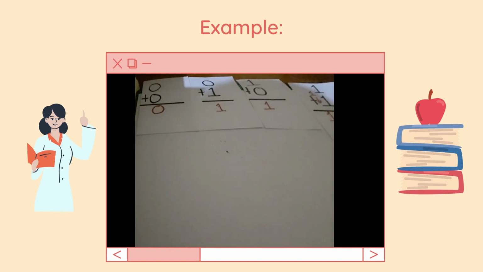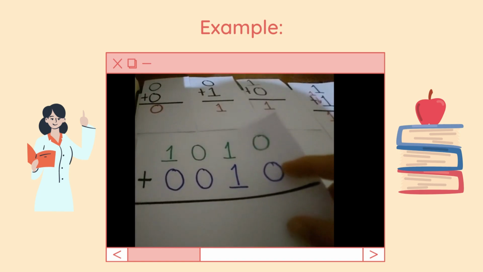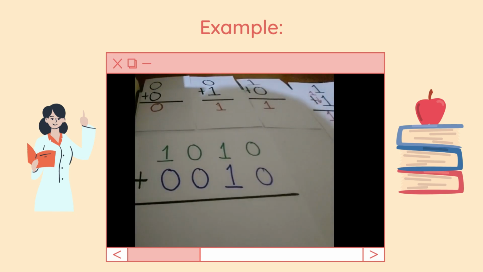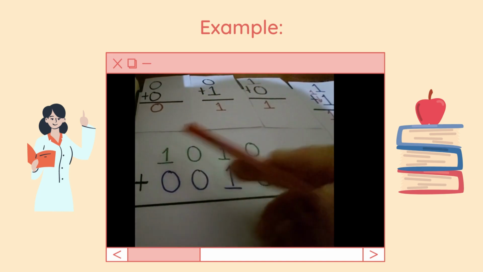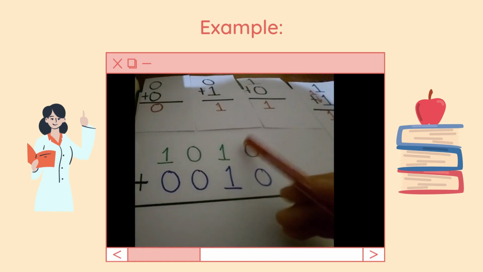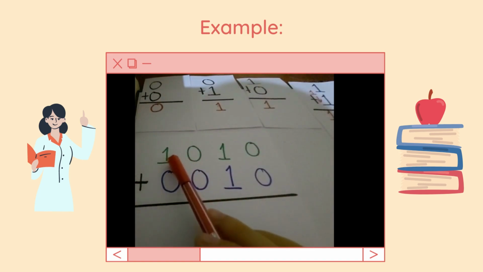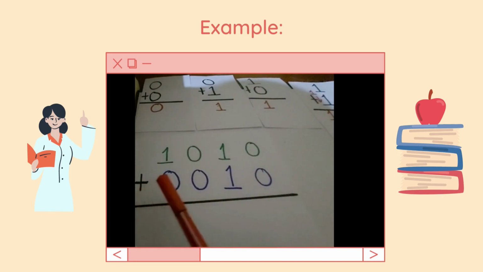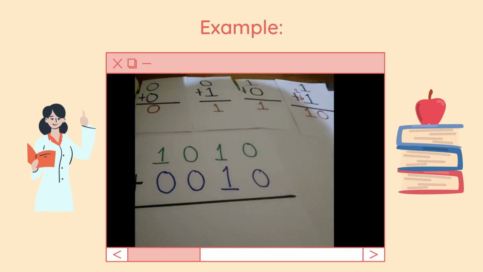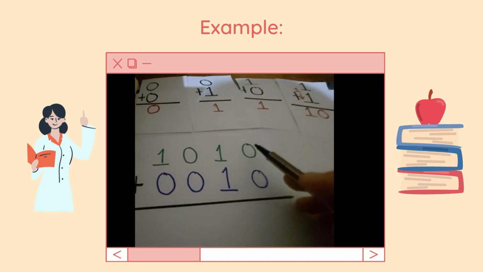Now, using the 4 rules, we will solve another example. The example we have here uses 4 bits: 1, 2, 3, and 4. So we have 1010 plus 0010. We know that 0 plus 0 will give us a 0.